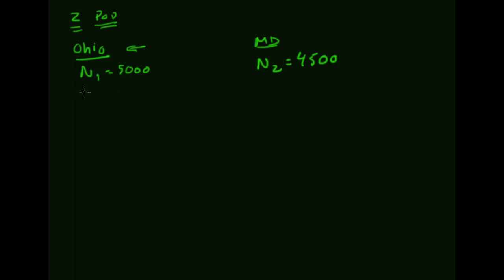After we're done with the treatment, we're going to take a sample of 100 fifth graders using a simple random sample in the Ohio school, and a sample of 150 fifth graders using a simple random sample in the Maryland school.